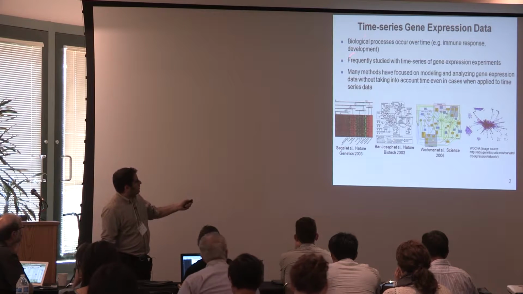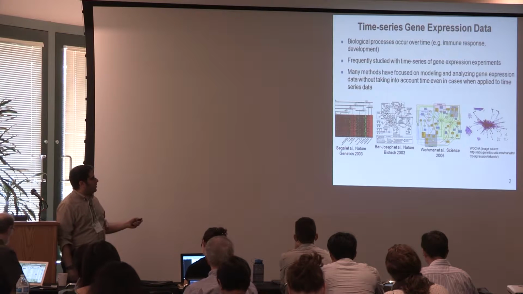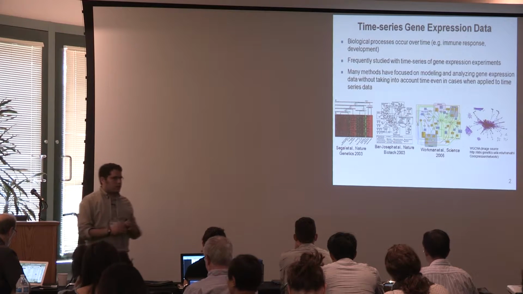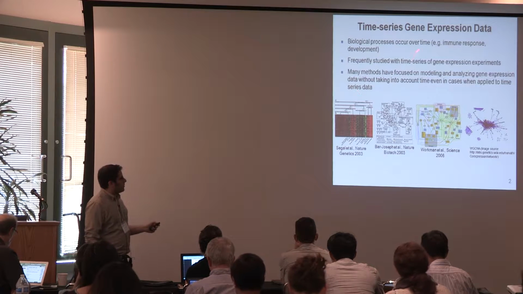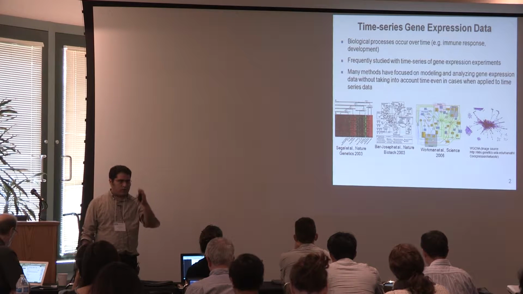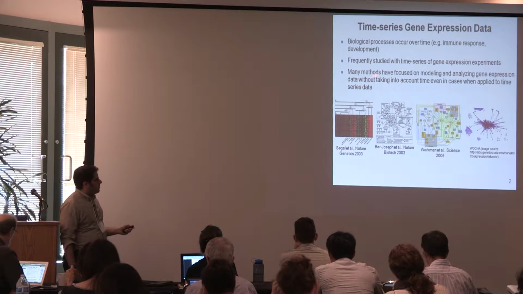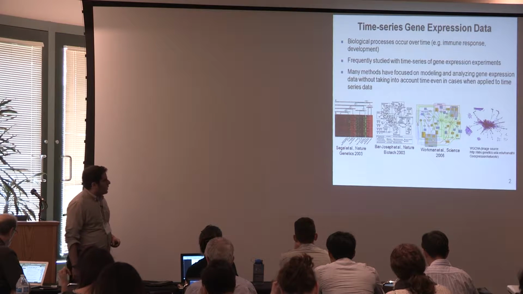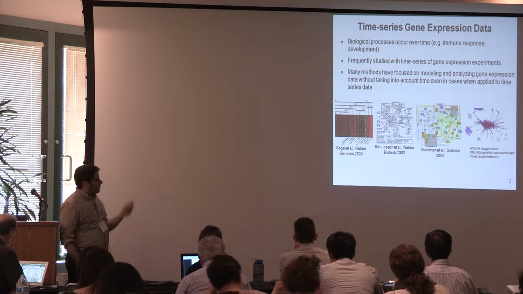To motivate this, a lot of biological processes occur over time, from immune response to development, and often these processes are studied with a time series of gene expression experiments where microarray or now RNA-seq are done at consecutive time points. Many methods have focused on modeling and analyzing gene expression data and constructing networks.